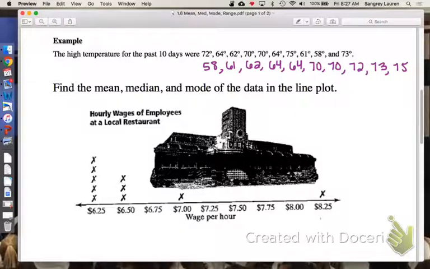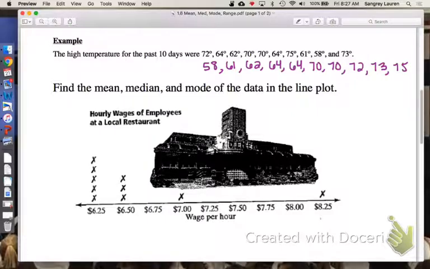Okay, they all are from least to greatest. So your mean, you need to add them all up and divide by however many there are. So if you have your calculator, go ahead, add them all up, and then divide by however many there are.